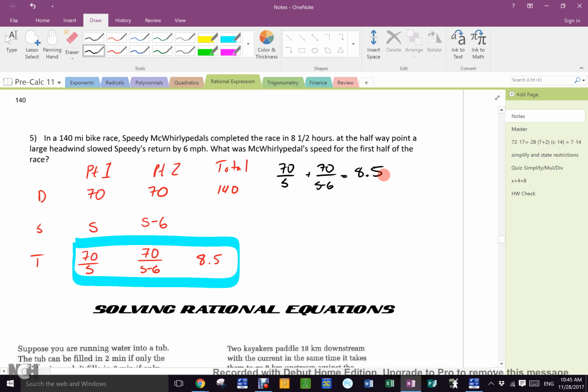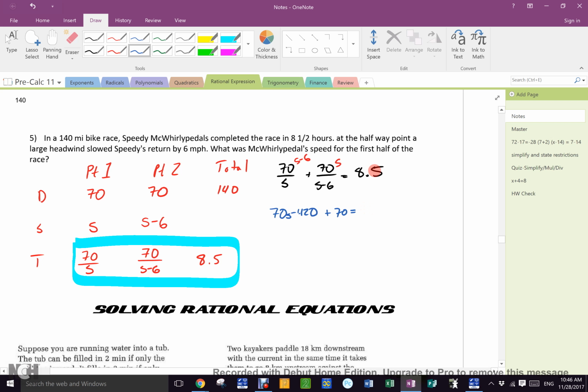Can we solve that? How? What's my common denominator? S and S minus 6, correct? So what does this guy need? S minus 6. So what is that really? 70S minus 420, right? Everybody cool? What does this guy need? He just needs S. So plus 70S, correct? Is everyone still following along?